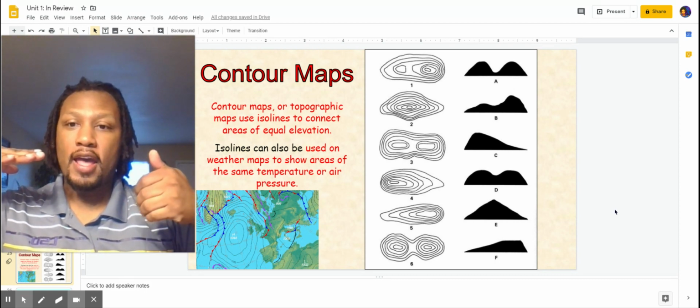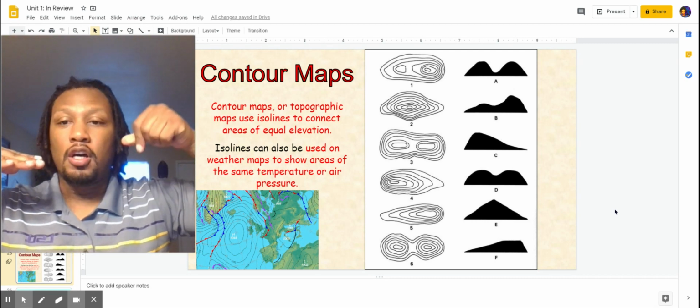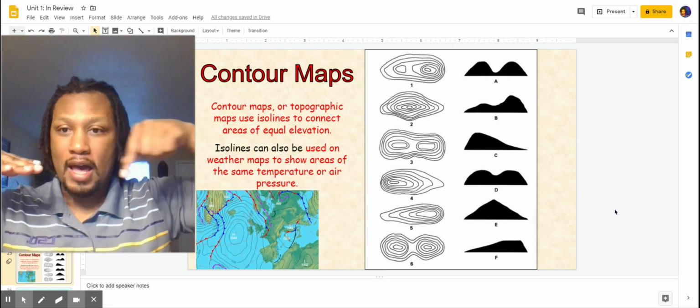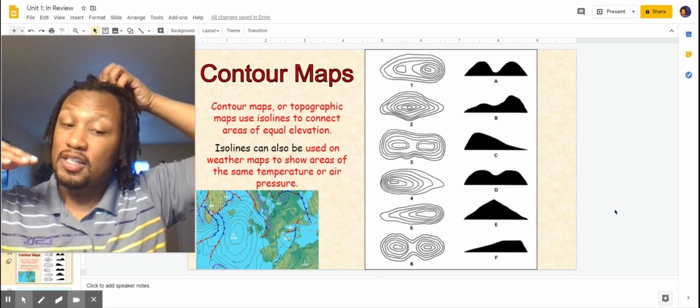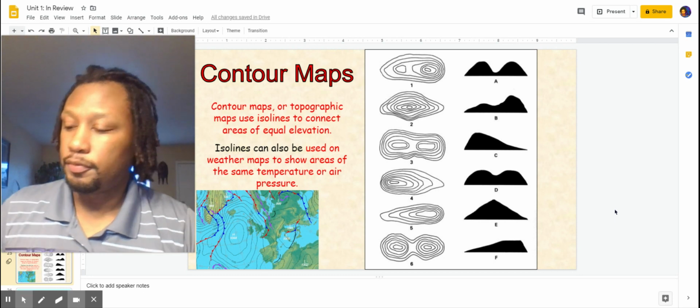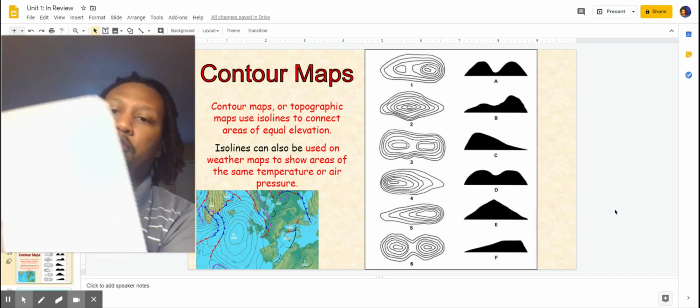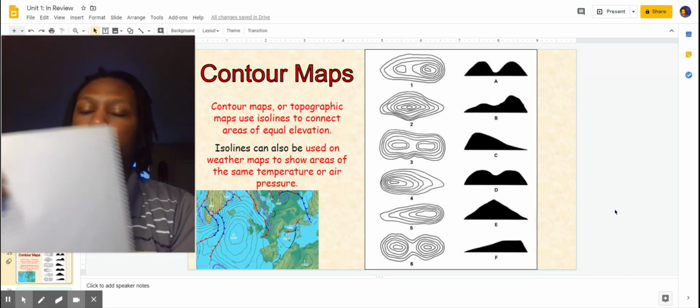an area has a higher elevation, you have tighter lines of these isolines. And what I mean by tighter lines is, let me draw it. I have to draw it first and then show it to you. But blank piece of paper.